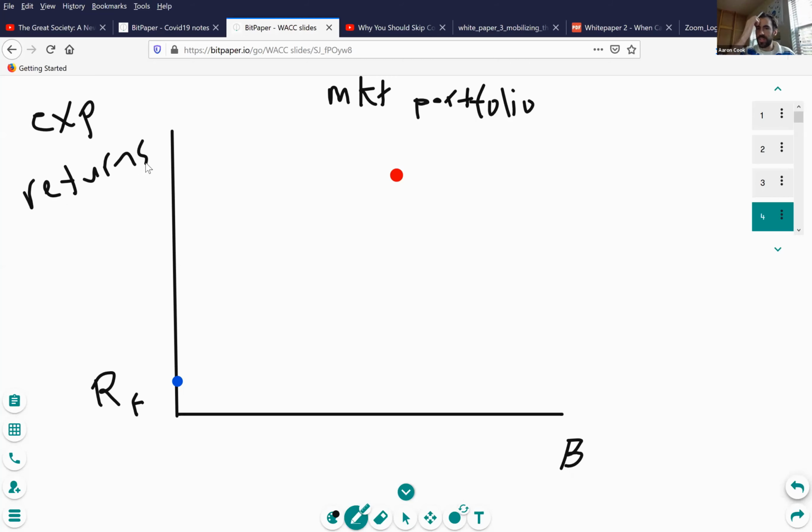By definition, the market portfolio is going to move in exactly the same way as the market as a whole. A balanced market portfolio is going to move just with itself. Obviously, that's by definition. And so the beta on a market portfolio is going to be defined as 1.